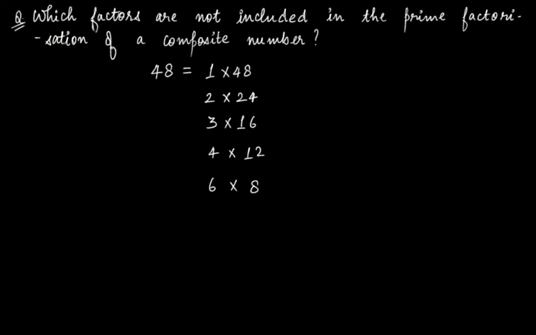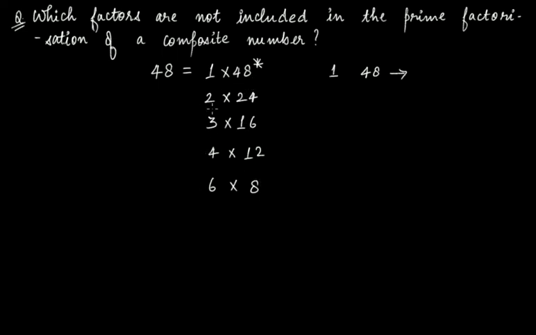And just as we saw in the case of 36, the question is which are the factors which are not included in the prime factorization of a composite number. So you'll not include this particular factorized form, and therefore you'll not include 1 and 48. The factors of 48 are 1, 48, 2, 24, 3, 16, 4, 12, 6 and 8.